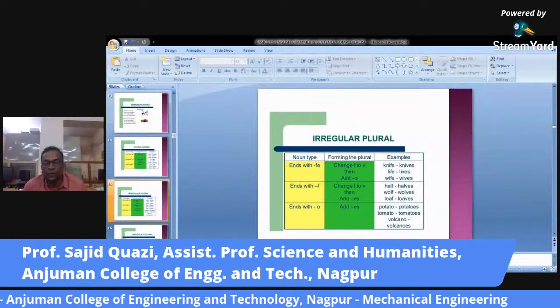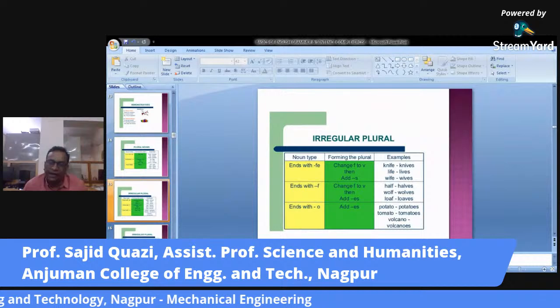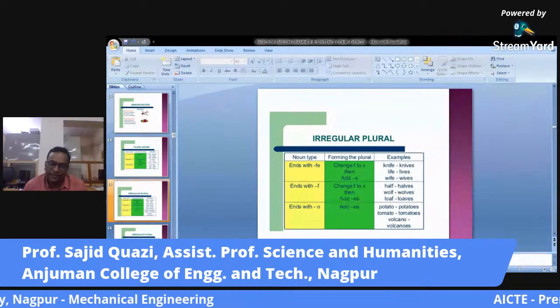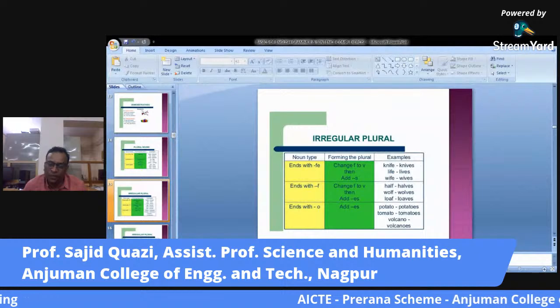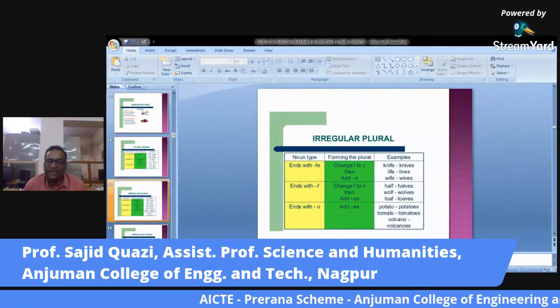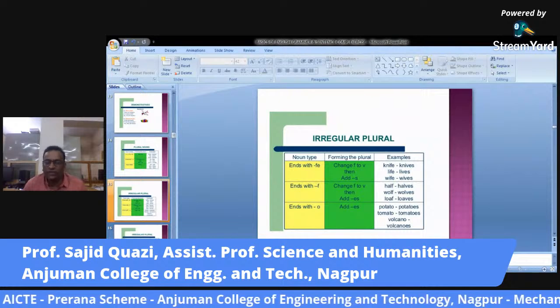Nouns ending with o: add only es. Example, potato, so the plural form will be potatoes because es is added. Tomato, tomatoes. Volcano, volcanoes.